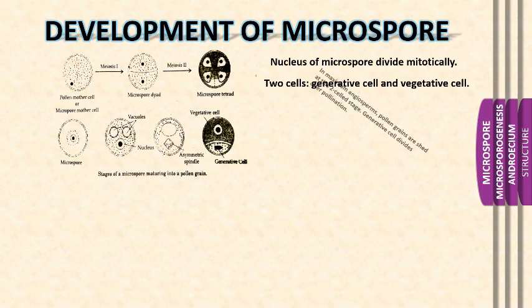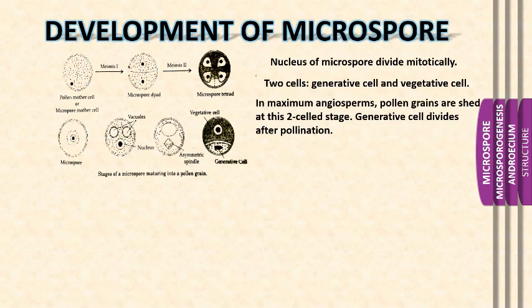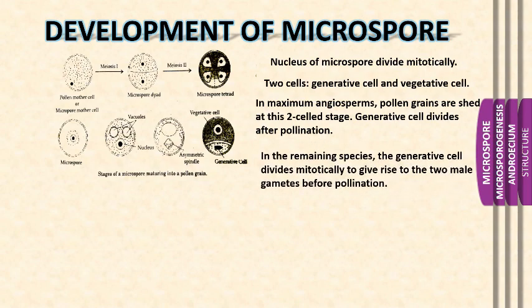Most angiosperms shed their pollen grains at this two-cell stage. The generative nucleus will divide after pollination to form two male gametes, and the remaining angiosperms will shed their pollen at the three-cell stage. Before pollination, the generative nucleus will divide into two male gametes.